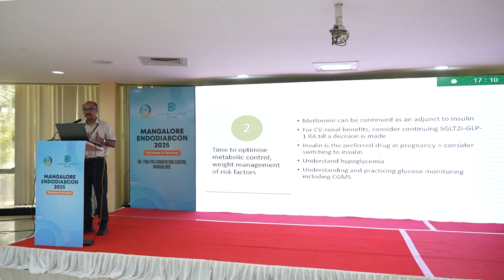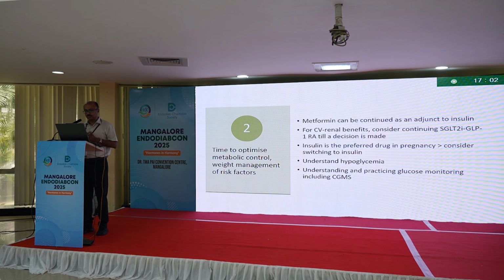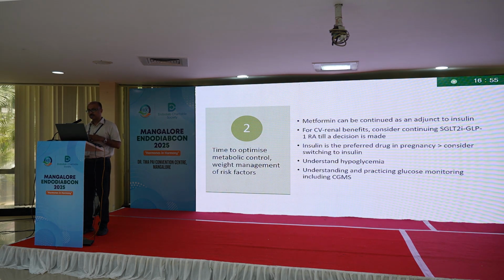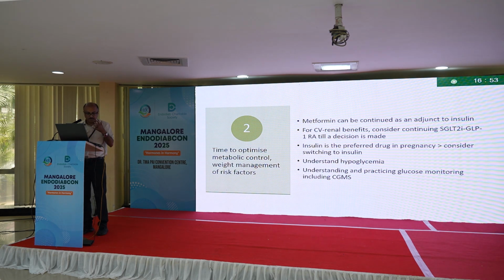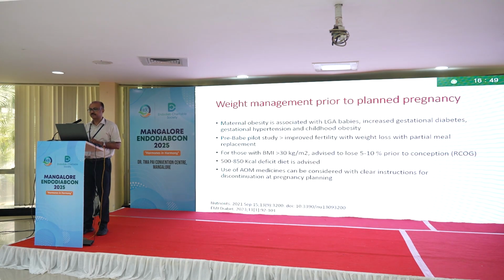Only when a decision is made do you withdraw the drugs. Insulin is always preferred in pregnancy, so consider switching to insulin. Make the patient understand hypoglycemia. Train the patients in self-monitored blood glucose and CGMS, because sometimes only when they get pregnant do they start their first SMBGs, which may turn out to be more difficult for them.